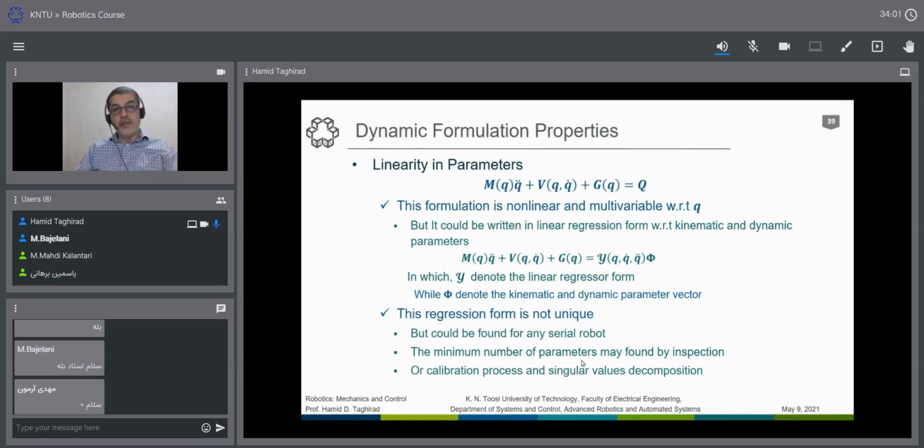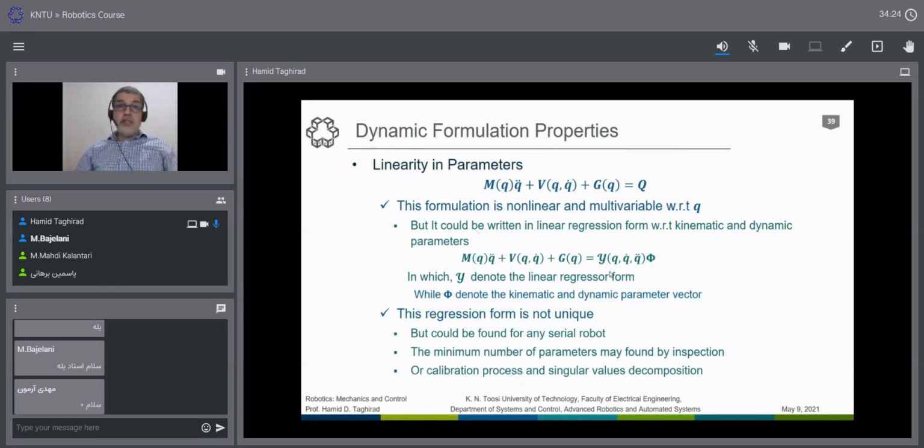Or a more mathematical approach can be used, like singular value decomposition. We have a recent work on dynamic formulation under review. This gives us a very effective method to find the minimum number of system parameters.